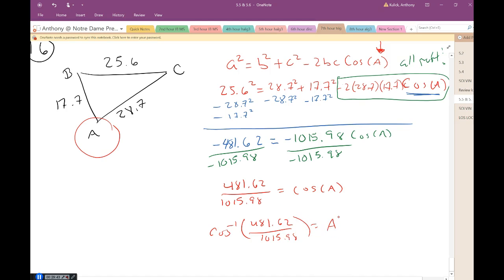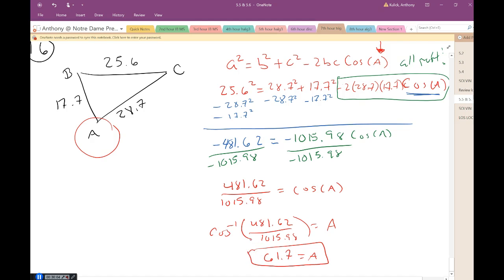So I go to my calculator then. Cosine inverse of 481.62 divided by 1015.98 gives me 61.7. So there's my angle A.